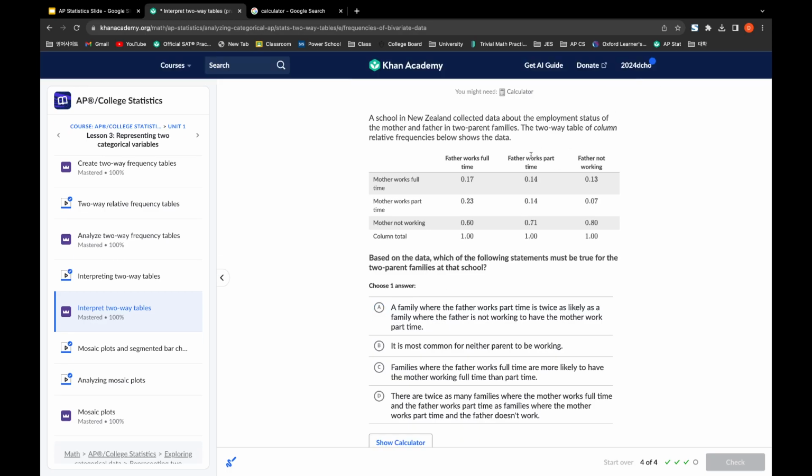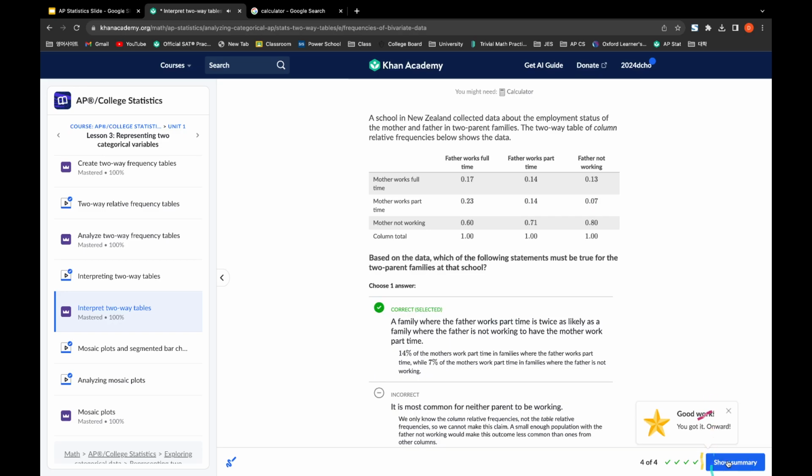Oh yeah, this is correct, since we have 14% for the first part of the sentence, whereas we have only 7% for the second part, which is exactly twice.